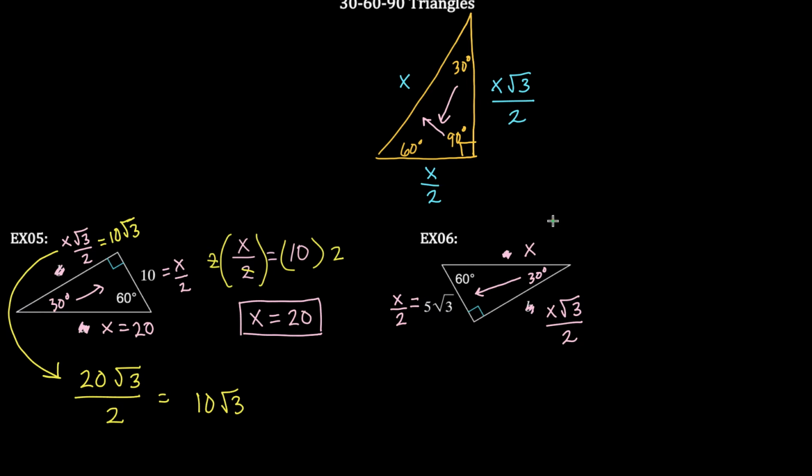I'm actually going to do it like this instead so I can see. So X over 2 equals 5 square root of 3. So I need to multiply by 2. Times 2, times 2. And I get X equals 10 square root of 3.